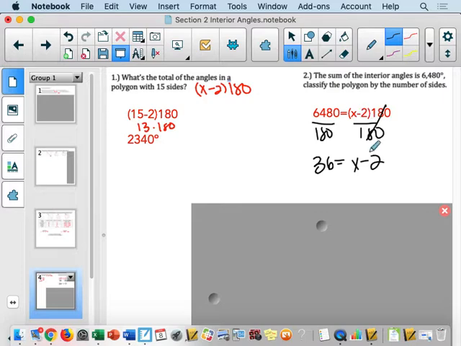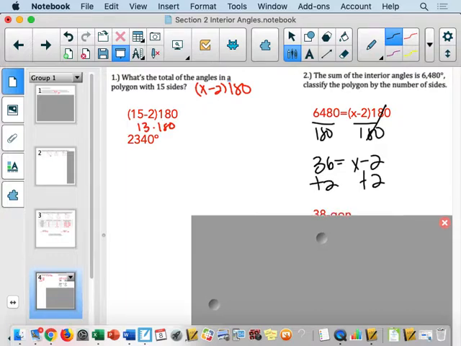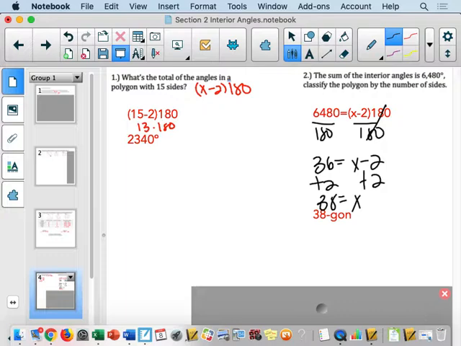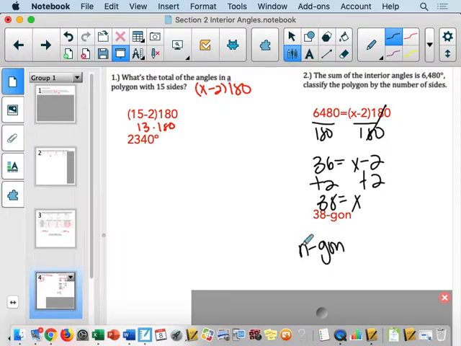All we'd have to do then is add our 2 over. And how many sides would this shape have? 38. So we'd call it a 38-gon. We discussed this a couple times. If the shape has more than 10 sides, it's just an n-gon. It's the number of sides it has, so it's a 38-gon because you've got x equal 38.